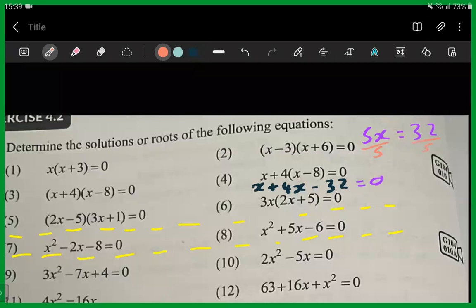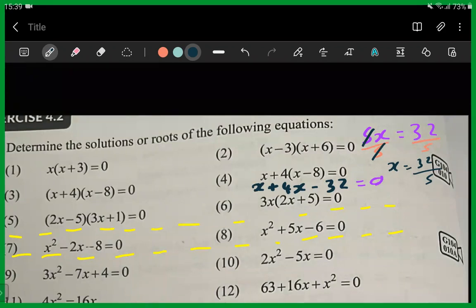Over 5, this cancels this, x is equal to 32 over 5. So with this kind of a question, it's quite straightforward, right? Nothing crazy, nothing major. I think we can all see what needed to be done there.